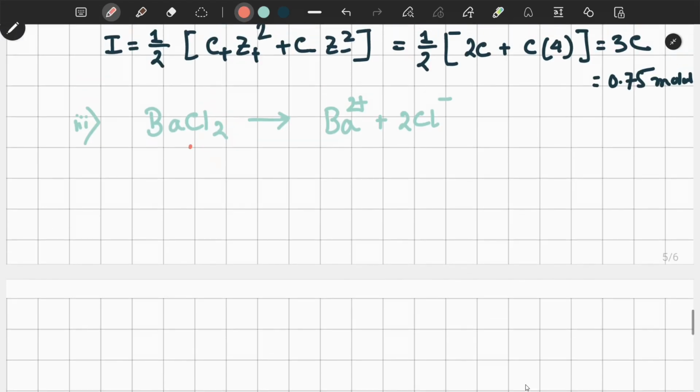So it is C, 2C, 2C. C plus is C, C minus is 2C, Z plus is 2, Z minus is 1.